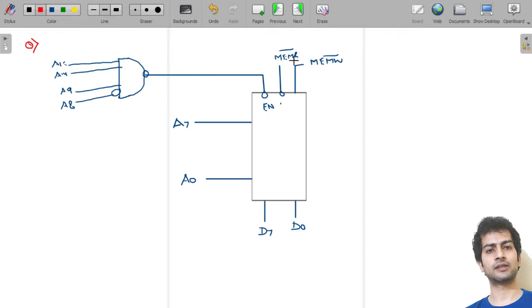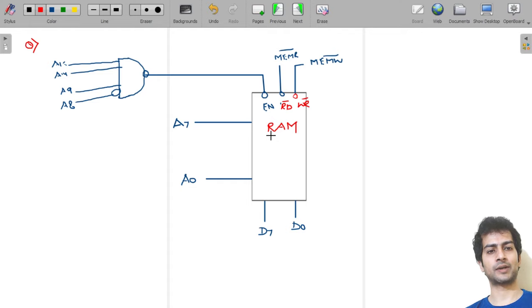Here we have memory read as well as memory write, meaning there must have been a read bar here and a write bar here. So by looking at this, we can say that we are talking about RAM, where we can read as well as write.